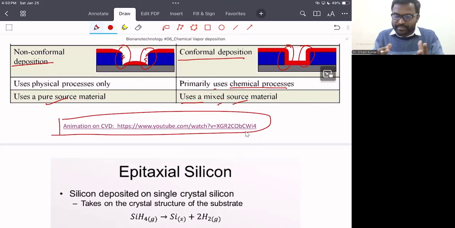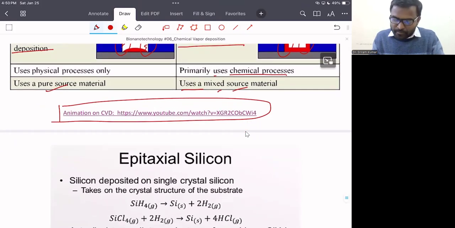You will get a clear picture about what is happening inside the chamber.